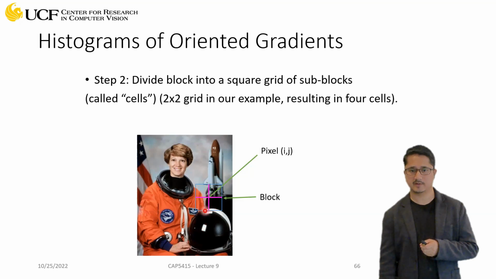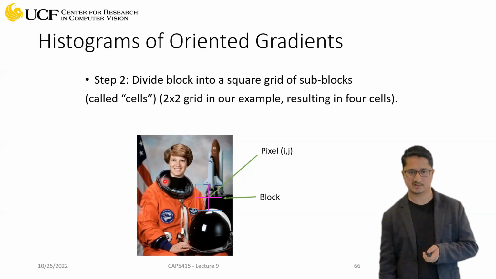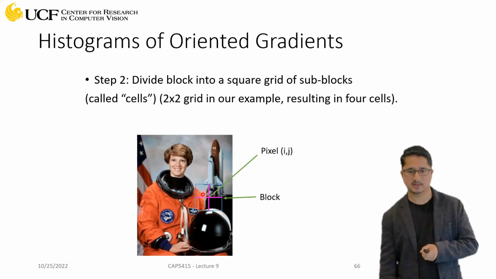The second step was, we divide that block into multiple cells. In this case, it's 2 cross 2. Okay, so this blue region is called the block. So try to understand the terminology as well, because we'll use that a lot. The blue square is the block, and these smaller ones are cells. Okay, so we have 1 block, and we have 4 cells here. So this is a 2 cross 2 grid.